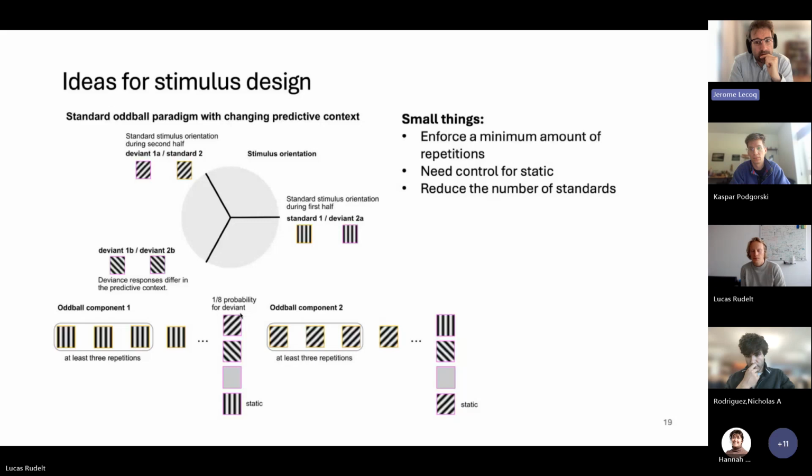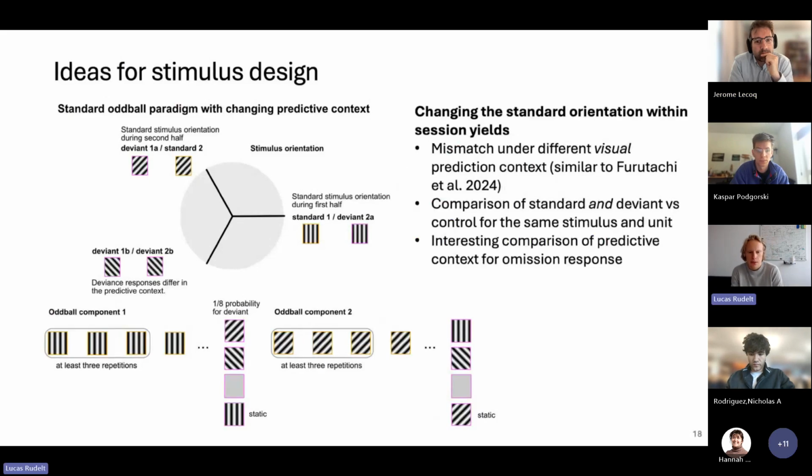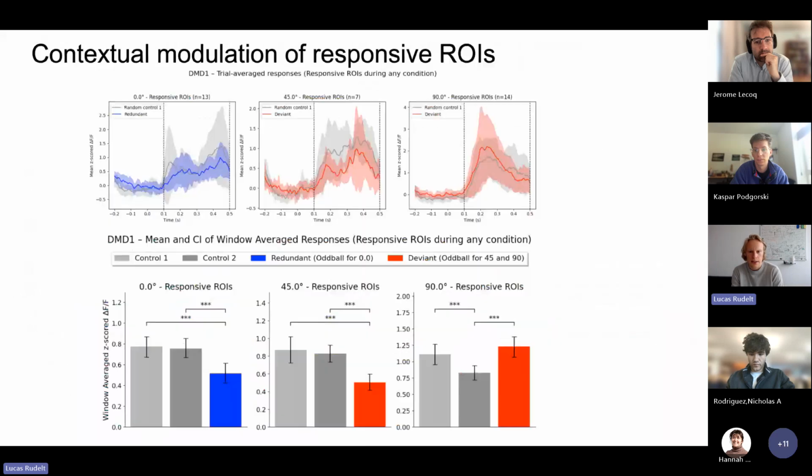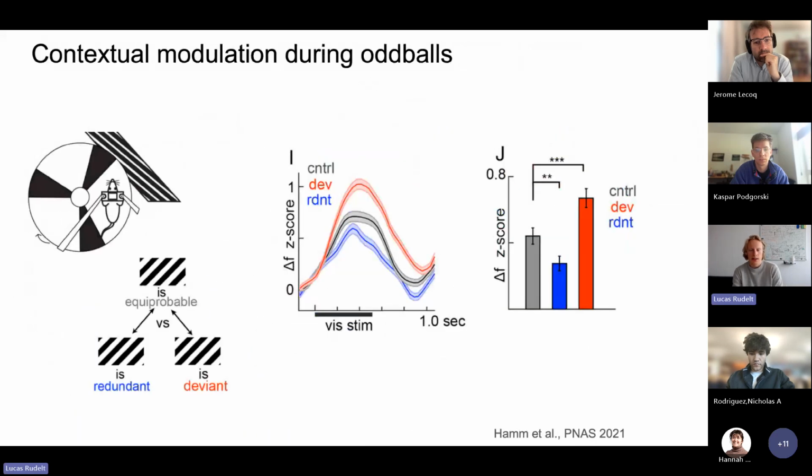The control for static. So I don't know, how does that help to have static gratings? So the point is, if we want to do something like this with the static oddball.